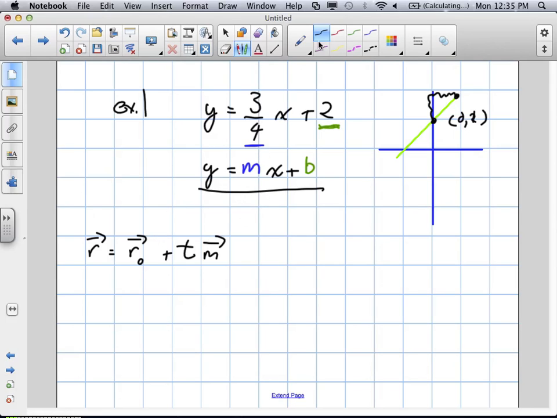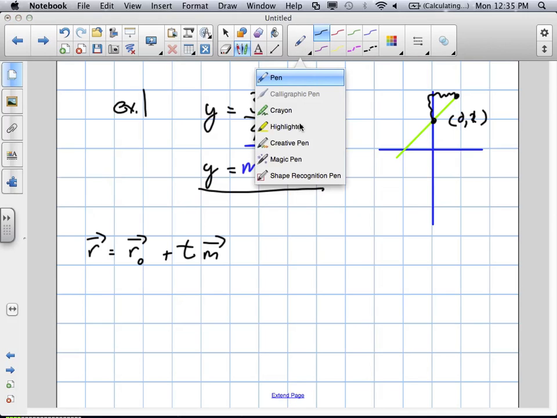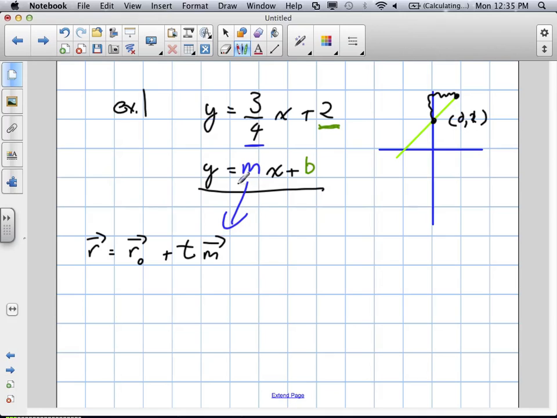Yeah, and they essentially end up using the same letter so that you guys can make that connection. Our slope and our directional vector m have the same idea to them. The directional vector tells us where we're going to go, and that's essentially what slope does too. It tells us how much we move from one point to another. So, in order to find the directional vector, we know the directional vector is going to be from the origin, and it's going to represent slope.